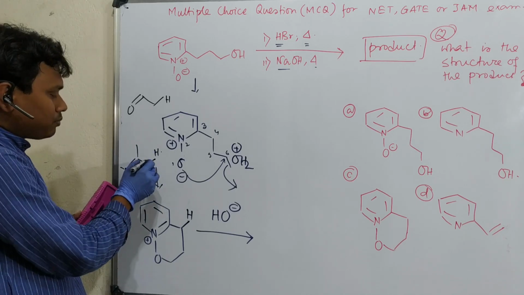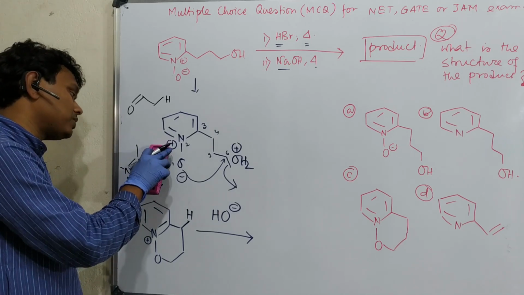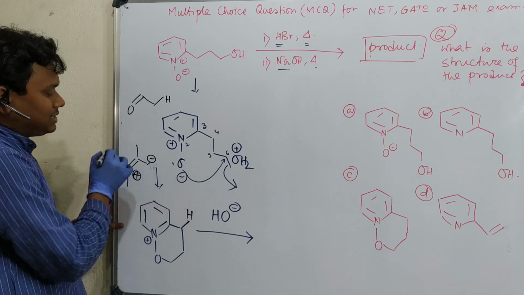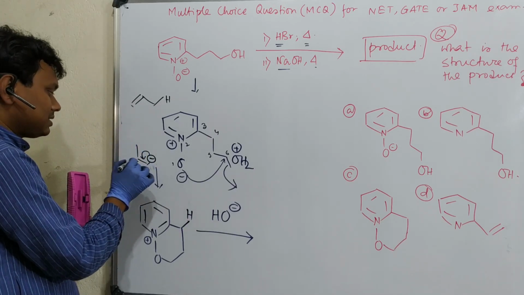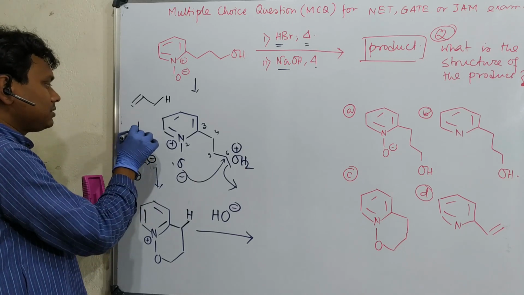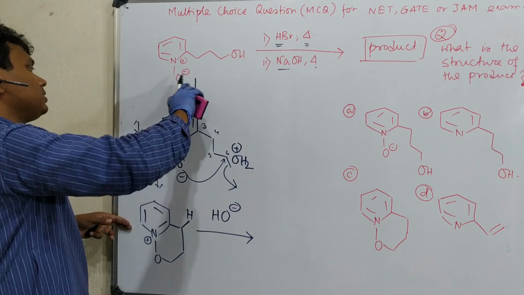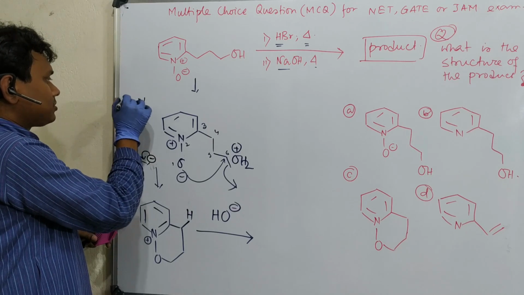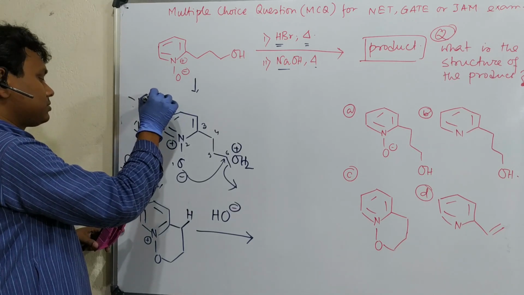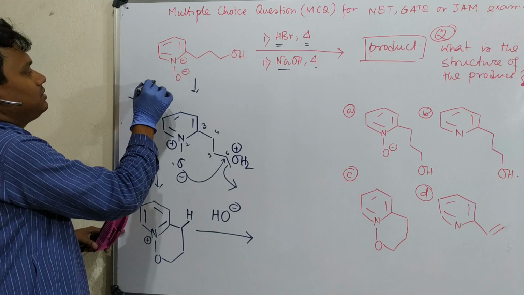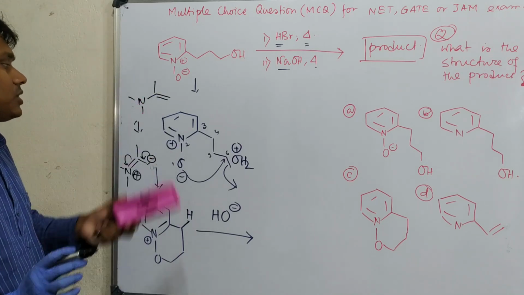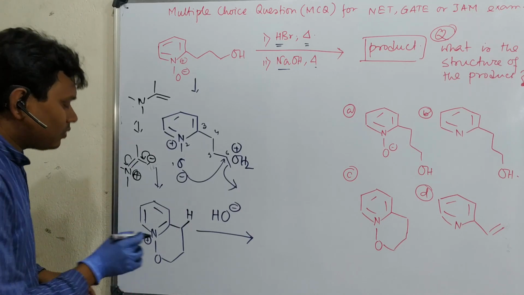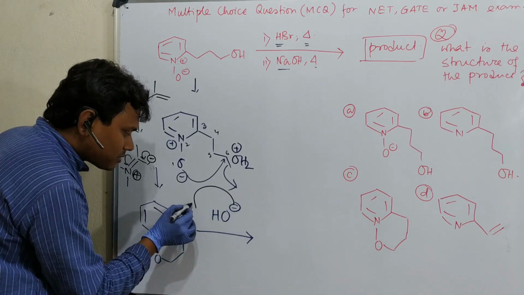After abstraction of the proton, the corresponding anion is expected to be resonance stabilized. So what will be the canonical form? This nitrogen is neutral, which is the stabilization of the charge. Positive and negative stabilize to neutral, so it is very facile. That is the reason it will be abstracted.